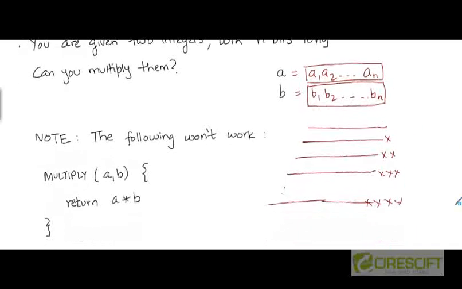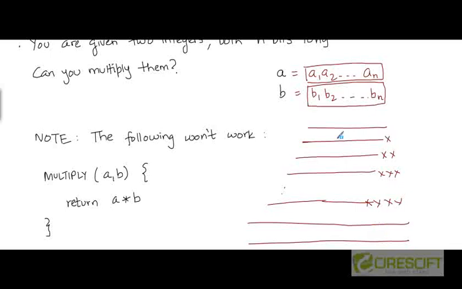And then we just add the result. We just add all these n strings column by column to get the final result. If these two numbers are n bits long, it's possible that the final result could be approximately 2n bits long.